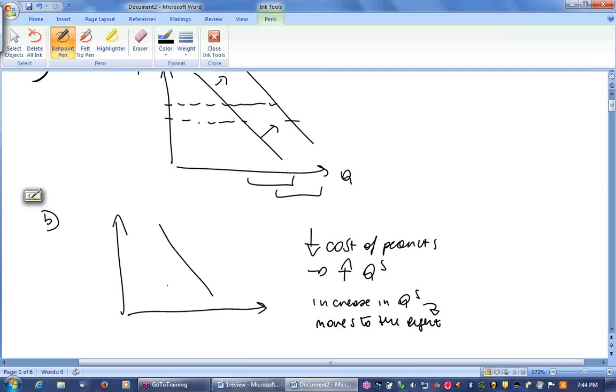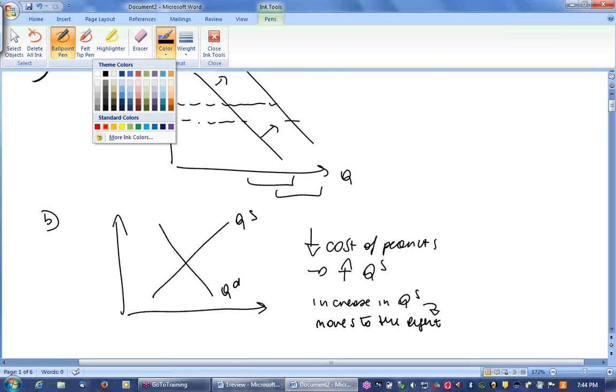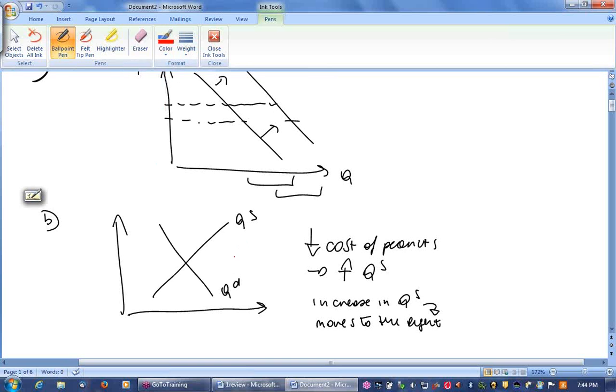Again, this was our initial supply and demand. And now, after the event, we have that the supply curve is moving to the right. Also here, we don't know if it has the same slope as before or not, so it could change like this, for example, so not parallel. And this is our demand curve.